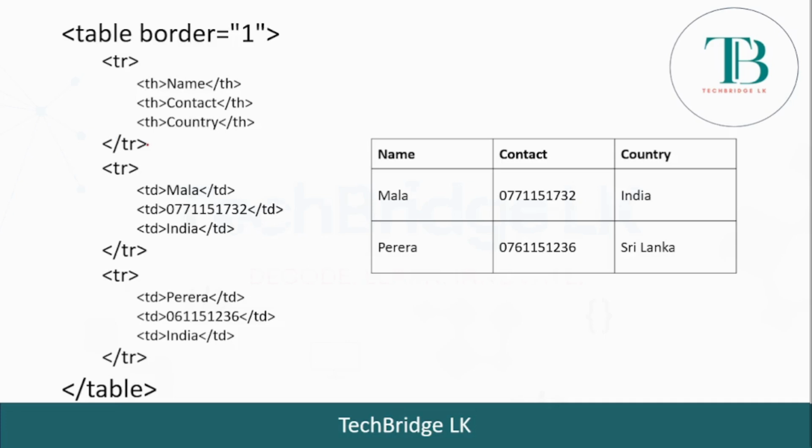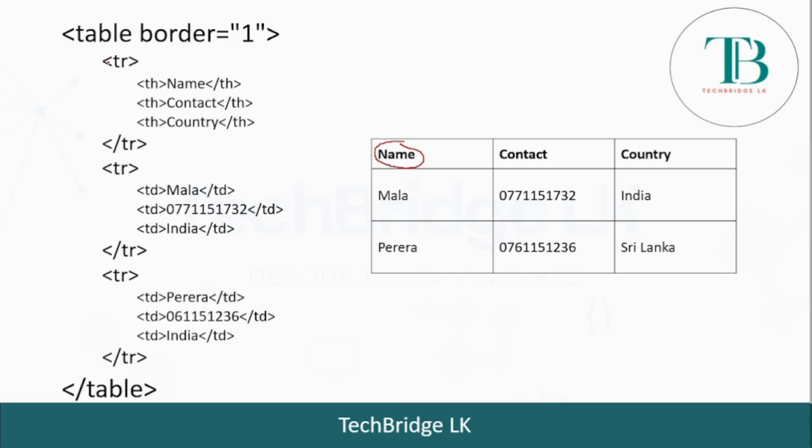Now here this is just a table. The first column is created to store the names, the second for contact and the third for country. So the name is the first data of the first row.